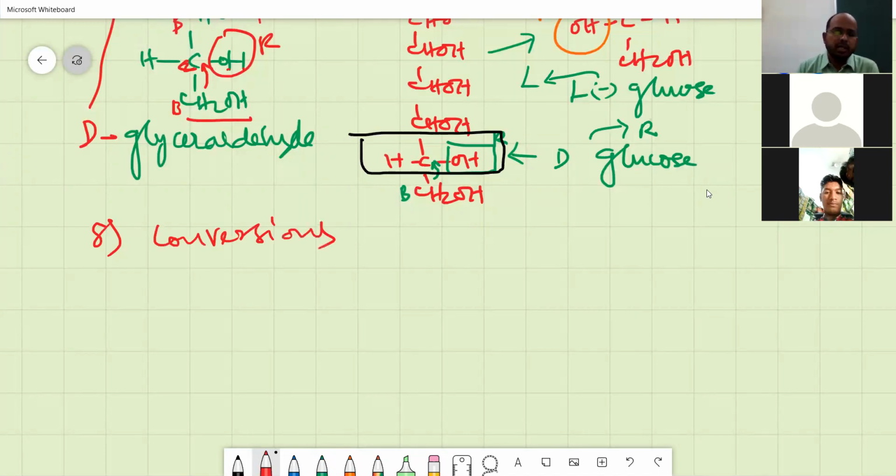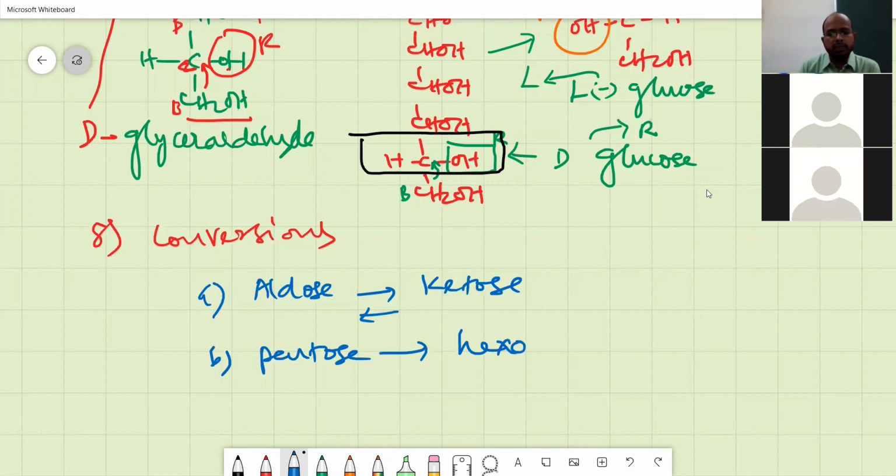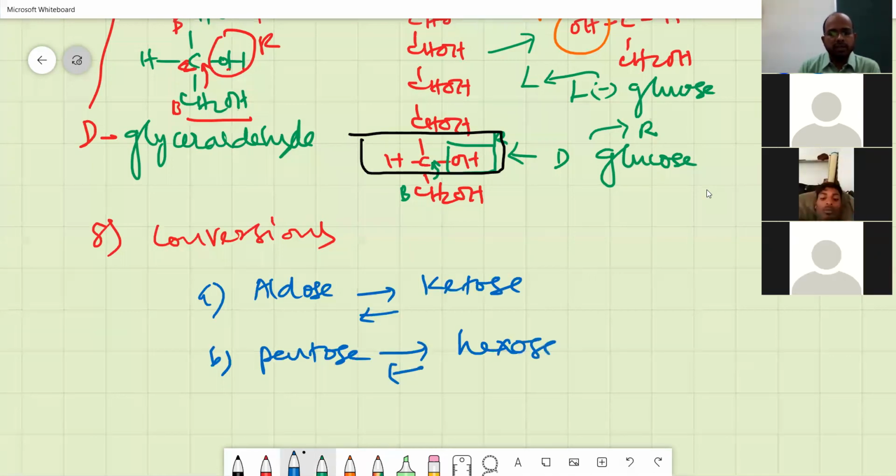Conversions. How have we seen conversions? The first type of conversion is aldose to ketose, and vice versa. The second type of conversion is pentose to hexose, and hexose to pentose, and vice versa. This is in fact arabinose.